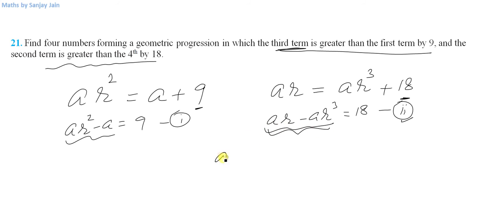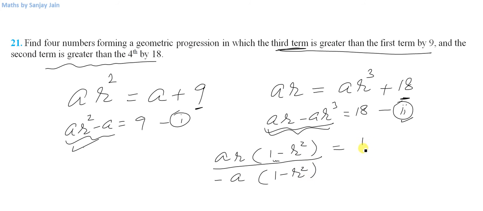I'll write this as AR times (1 minus R squared) equals 18, and I'm dividing it by AR squared minus A. I want to create this term here, so let me take minus A as common, so 1 minus R squared will be there inside. 18 by 9 is 2. Now I will cancel these and this also. So R comes out to be equal to minus 2, right?